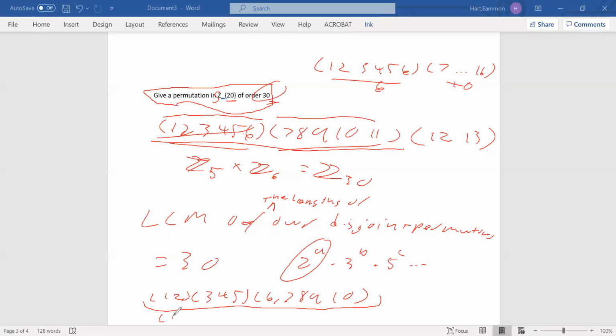Because if we had (1 2) and (3 4), this guy would just boil down to a 2 cycle. But if we had (1 2 3 4), that would be a multiple of 4. Whatever the order of this whole thing is has to be a multiple of 4, versus this guy only guarantees it has to be a multiple of 2. Does that make sense?